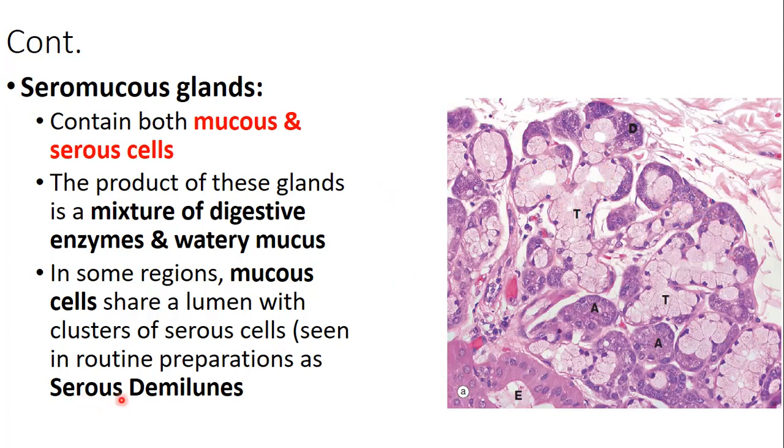It's what is explained here. So it's one gland, but with two types of cells. Some cells are producing serous, the purple ones. Some cells are producing mucus, the white ones. Hence, we call this purple area demi-lunes. Demi is half, lune is moon. So half moon, or demi-lunes.